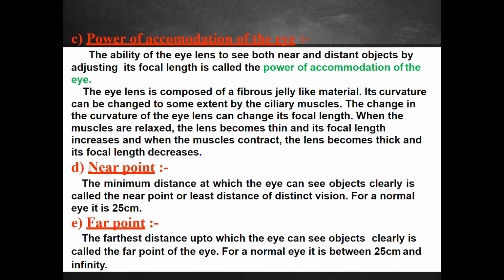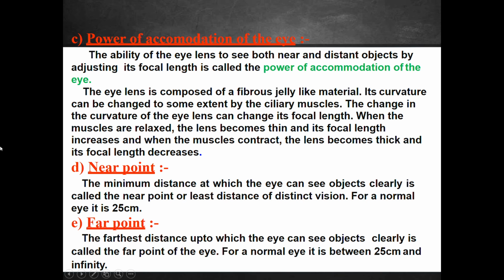So when the muscles are relaxed, eye lens is thin, and when muscles contract, eye lens is thick. When we are watching far away objects, then the muscles are relaxed, eye lens is thin. But when we are reading the book, the things which we are watching are closer to the eye, then our eye lens is thick and focal length is less.